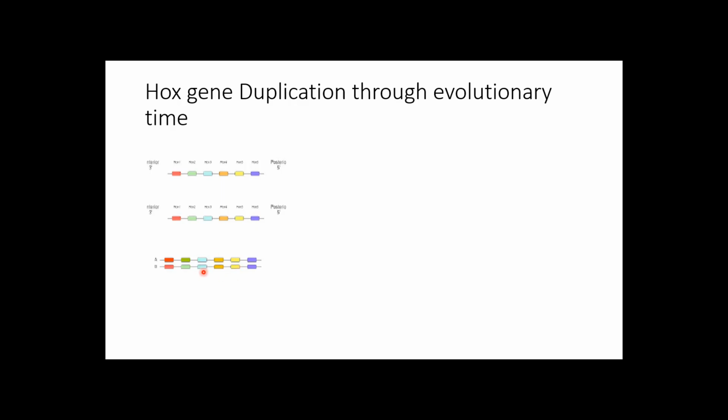And if these 2 then are duplicated and they get stuck together, you would end up with this. So we started off with 1, that 1 duplicated and stuck together, that left us with 2, and then 4. So that'd be 2 whole genome duplications, 1, 2, and then this one's doubled to 4, where you would end up going from 1 to 4 Hox gene clusters.